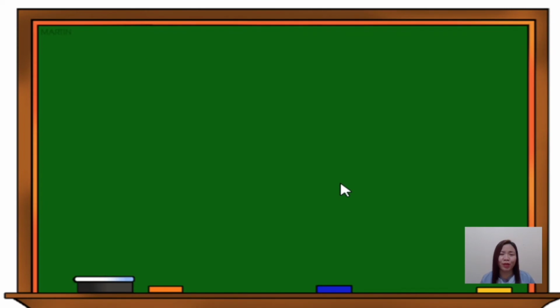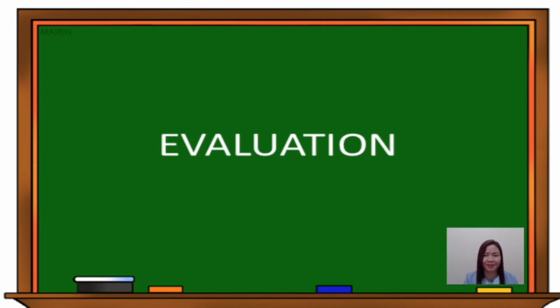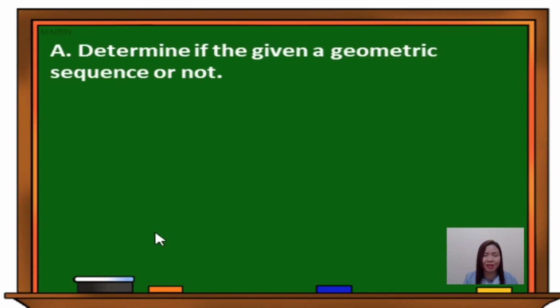Okay, now, so I know that you're already prepared, so let's proceed with the evaluation. So get 1/4 and kindly answer this. So letter A, determine if the given is a geometric sequence or not.